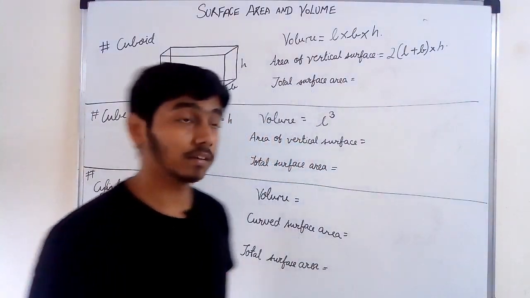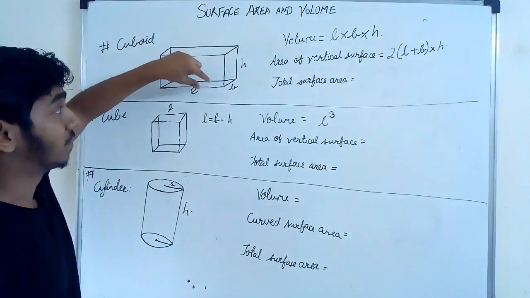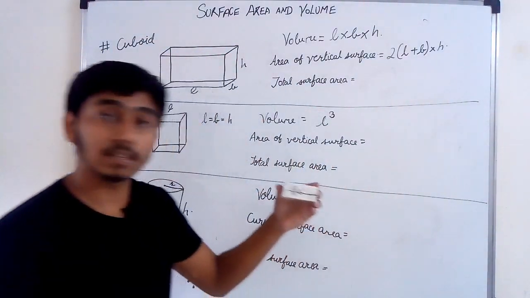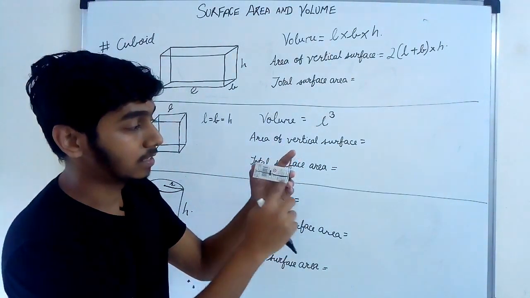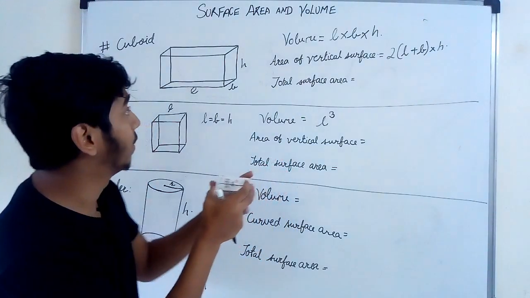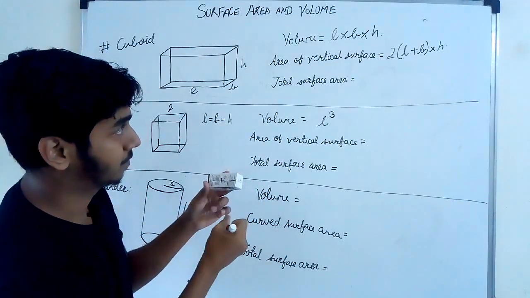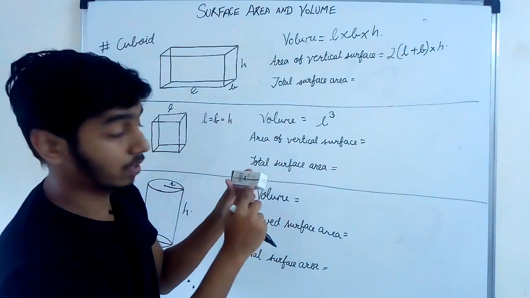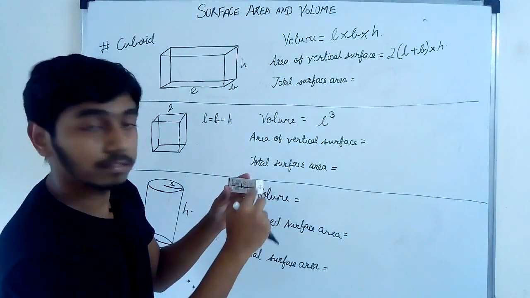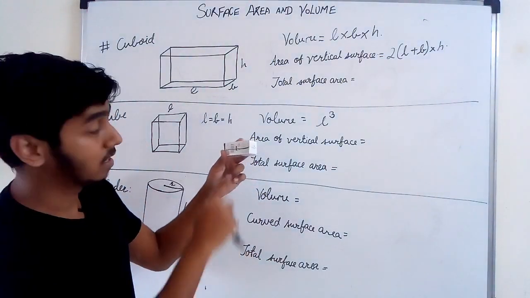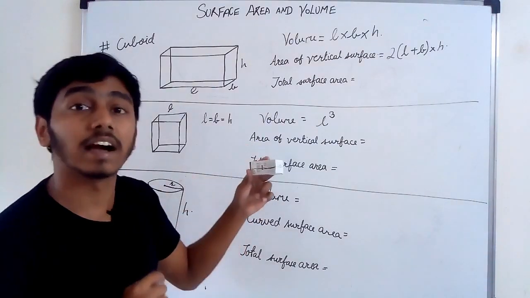Now, how do you get this 2 into length plus breadth? Let's consider this itself. This is the height, this is the length, and this is the breadth. This is the length, this is the breadth, and this standing one is the height.